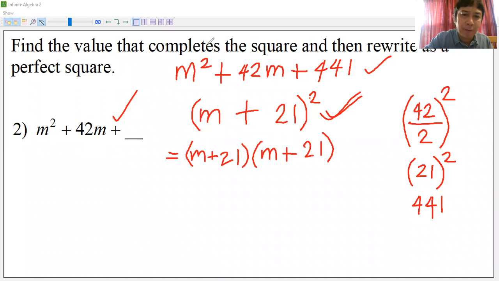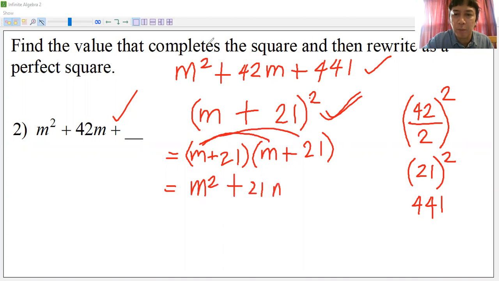We're going to multiply term by term. M times m, that's m squared. M times 21, that's positive 21m.